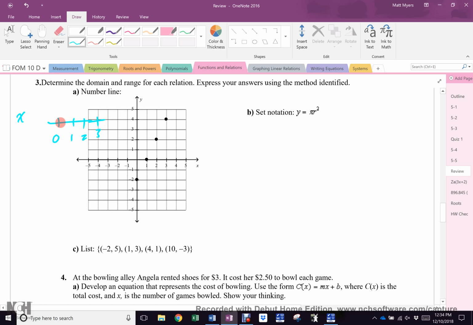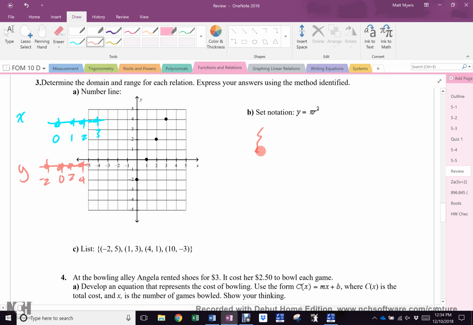Now, I should have what kind of dot on all of these? Closed dot. And what are my y's? -2, 0, 2, 4. And they should all have a closed dot.